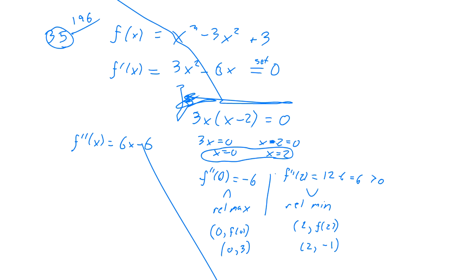So if you wanted to, you could list it as a point. You could say there's a relative maximum at the point 0, 3, and there's a relative minimum at the point 2, -1. Or you could say the function takes on a relative maximum value of 3 at x equals 0, and it takes on a relative minimum value of -1 at x equals 2.